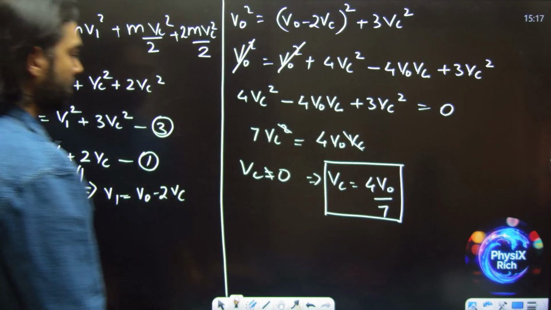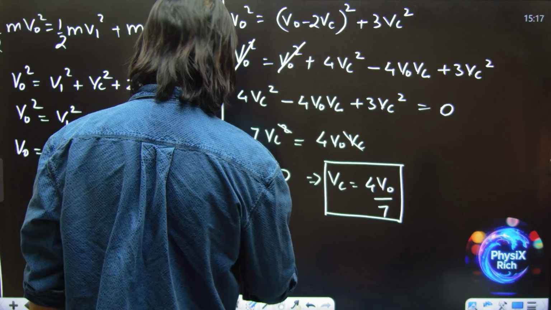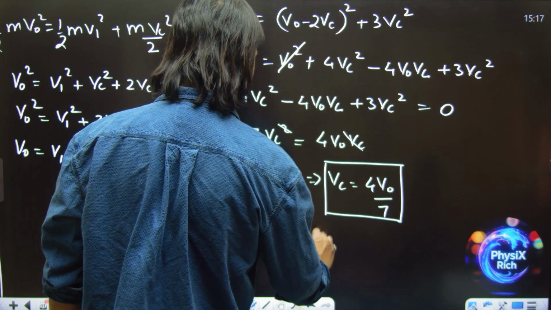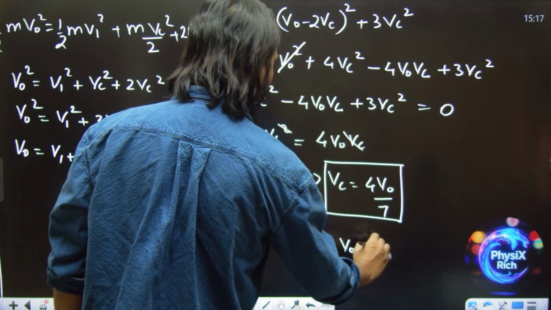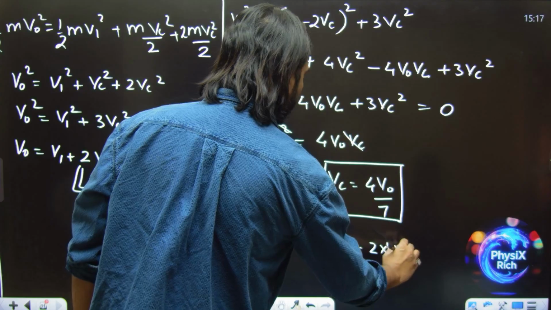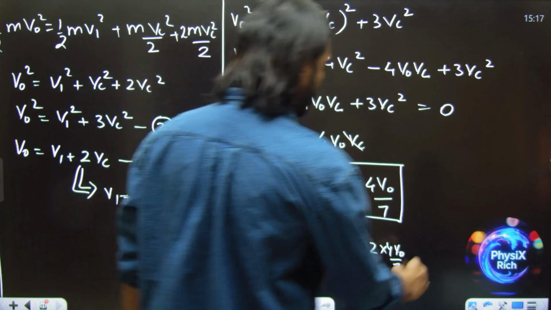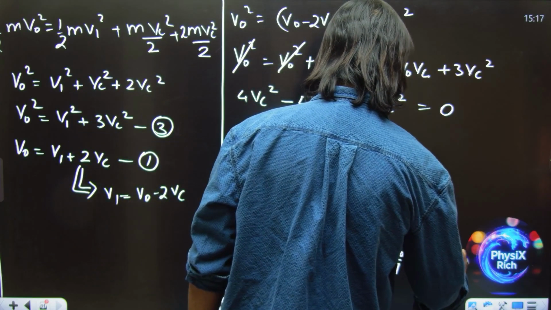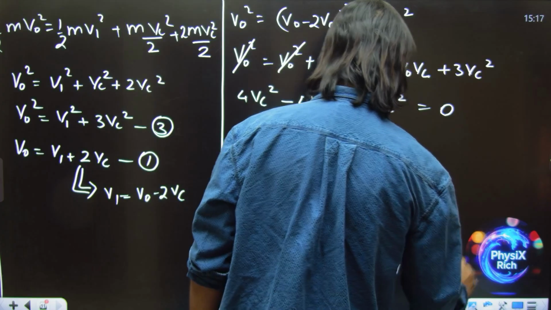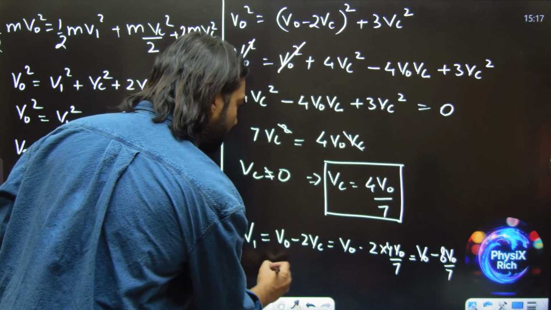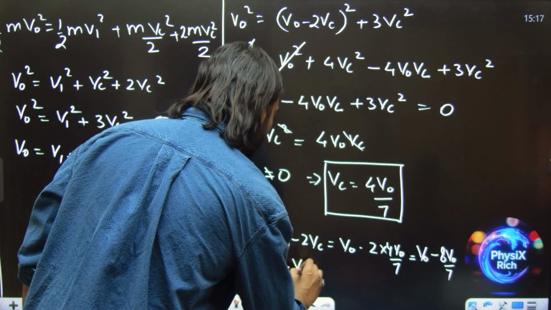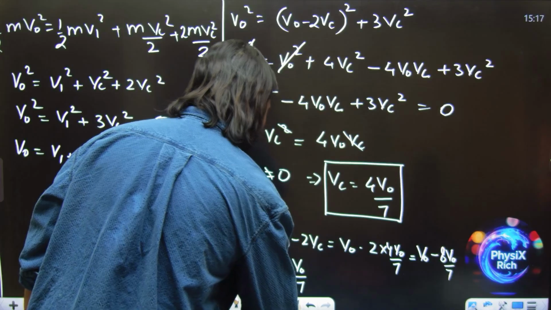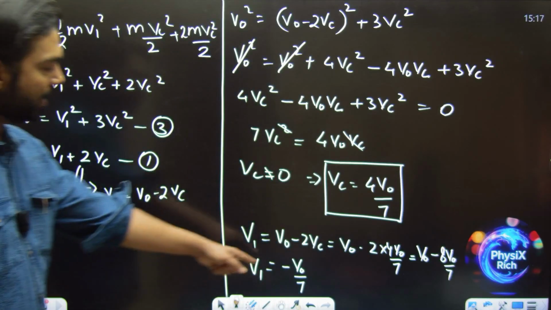And what is my V1? The V1 value that I need to find is V naught minus 2 Vc, and that will be V naught minus 2 times 4 V naught by 7, which is actually V naught minus 8 V naught by 7, and that will come out to be minus V naught by 7. You see that? So I am getting a negative value.